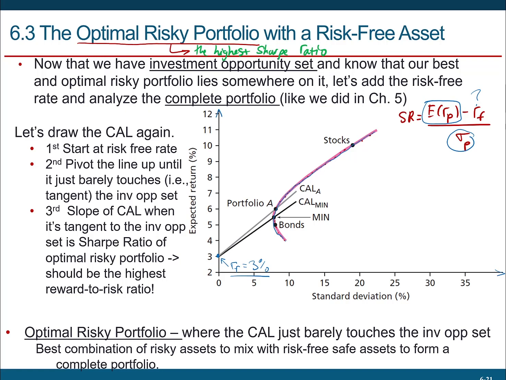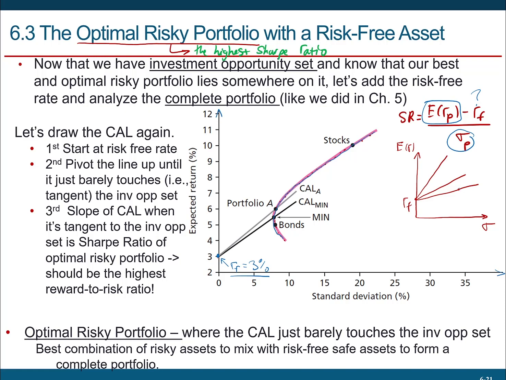There are formulas for this, but I'm going to offer you a visual interpretation first. So remember the CAL line from chapter 5. What was the CAL line? The CAL line, I'm just going to draw something here. One CAL line, second CAL line, third CAL line.